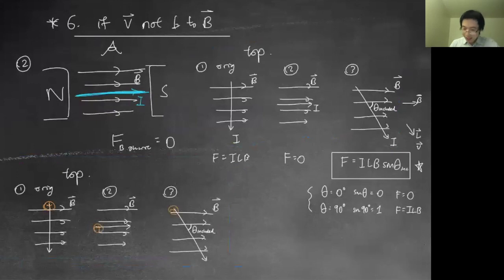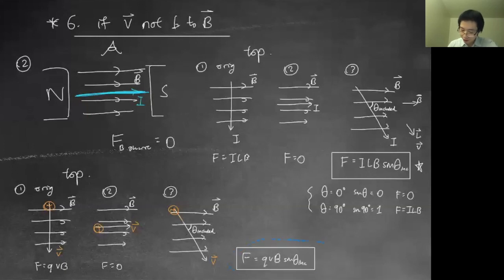Then you have the similar case where the magnitude of the force it's feeling is 0, the general case is QVB, and just put in sine of the included angle in there. But if you know how to do the currents version, you know how to do the positive charge version, because current is just the motion of positive charge, if you understand that.